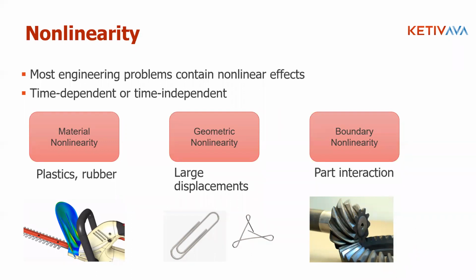Similarly with welds, you actually have something a lot more complex going on. You've got geometric nonlinearity on the one hand, and then you've also got material nonlinearity because your heat affected zone is not really a homogeneous material. It's a material whose properties you're not quite sure of. So that's another example of boundary nonlinearity as well.